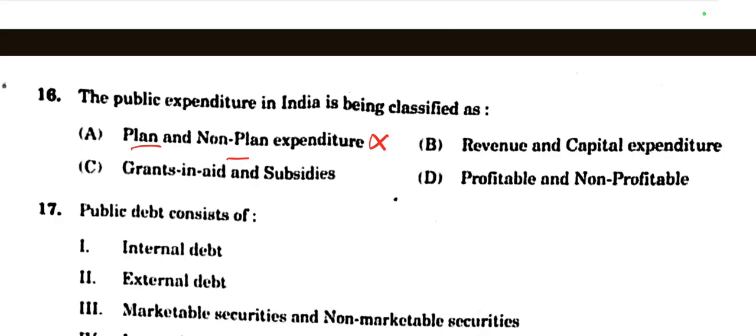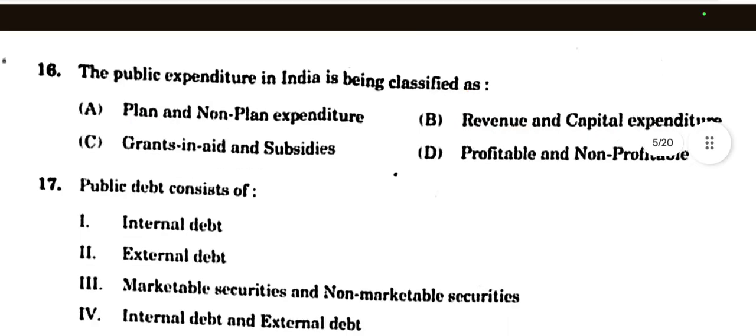So now the classification of expenditure is revenue and capital expenditure. So option B is the right choice. Now we see one is revenue expenditure, the other one is capital expenditure. So option B is the right choice here.